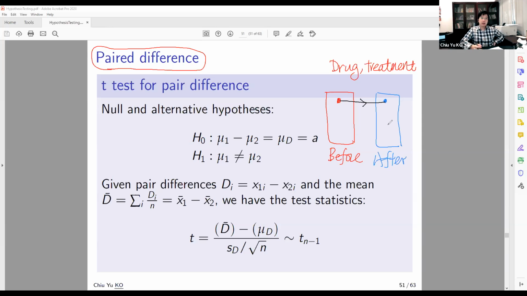This is often used in many experiments or in policy. Say the Hong Kong government gives money to employers to keep employment, 保就业. Then you want to see, after the government gives money, whether employers fire people or not.